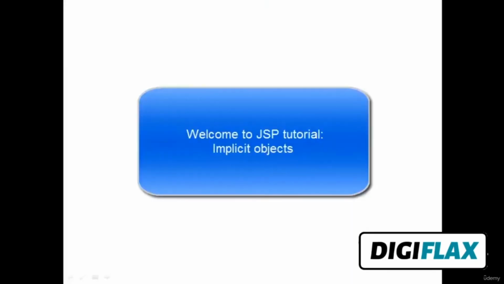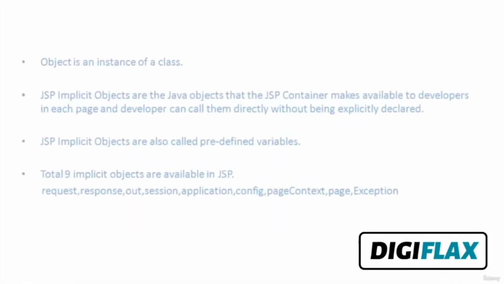Welcome friends. In this tutorial, we are going to learn about implicit objects. Object is an instance of a class. JSP implicit objects are the Java objects that the JSP container makes available to developers in each page, and developers can call them directly without being explicitly declared.